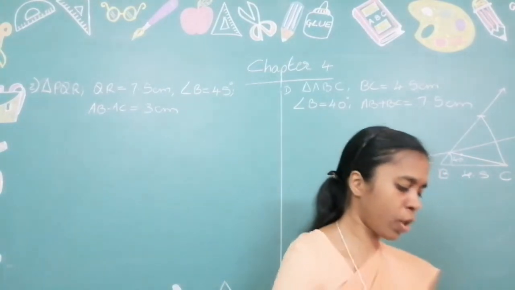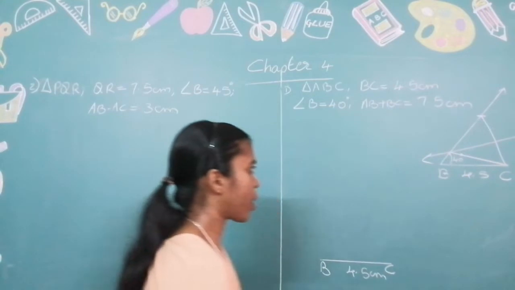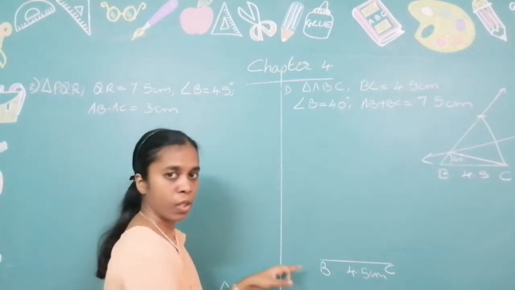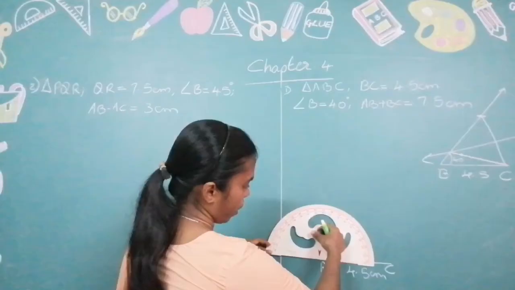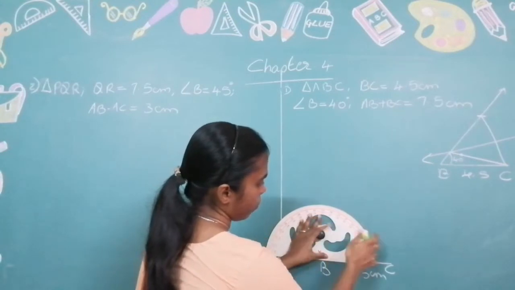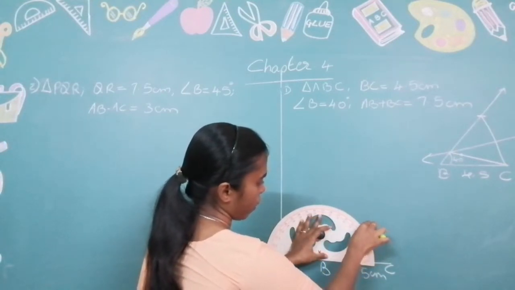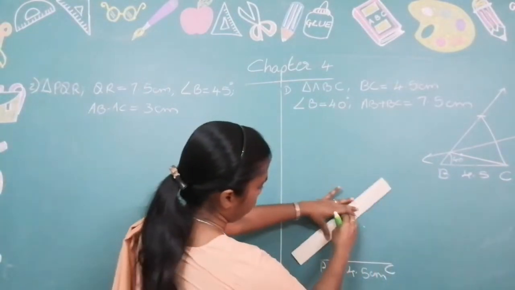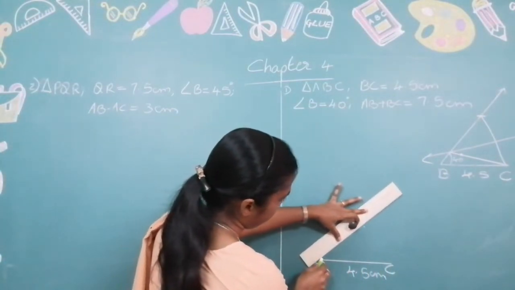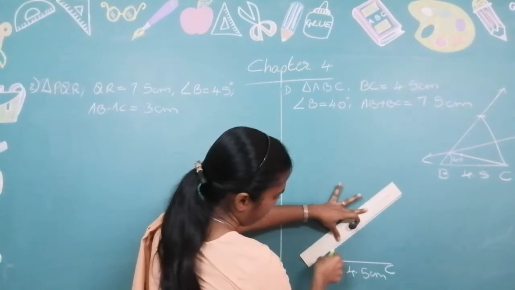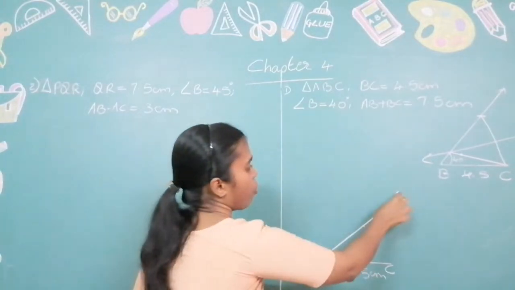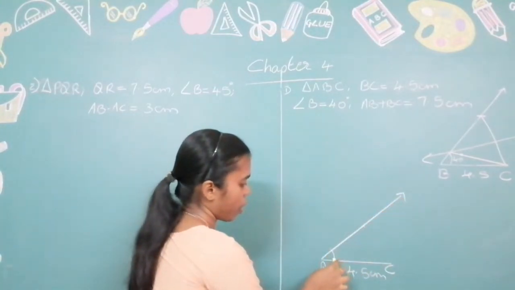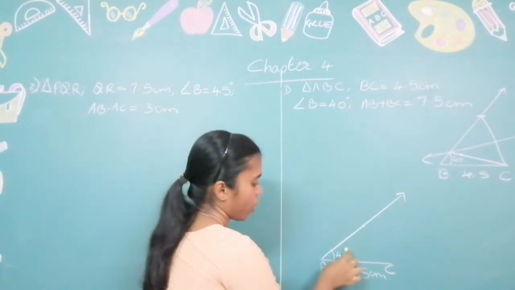Next, you have to take 40 degrees at B. So you consider 40 degrees at B. 40 degrees is over here. Draw that ray. You have to draw the ray of it. The moment you finish, right over there, 40 degrees.